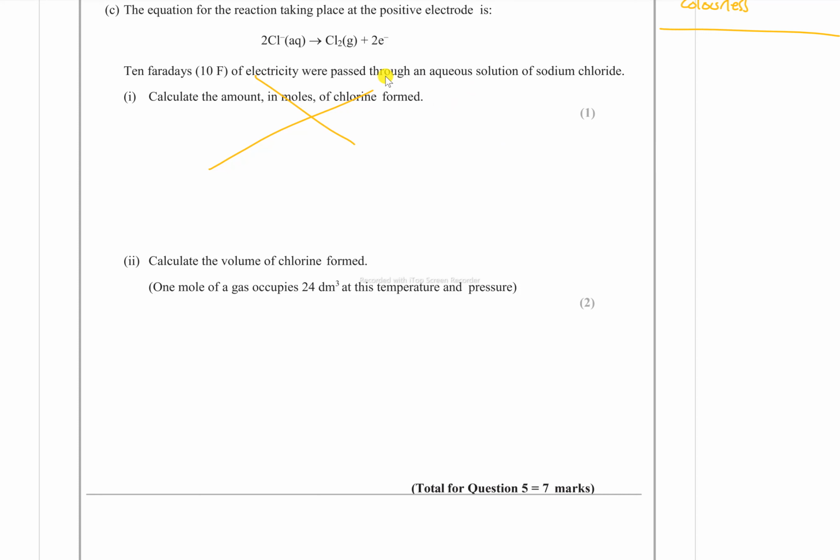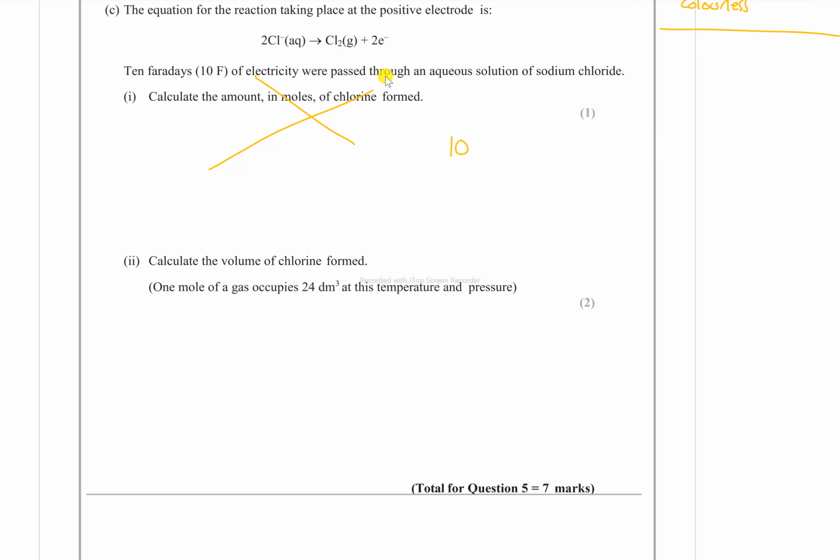Okay, let me just quickly do it. So it's 10 Faradays divided by 2 because it's diatomic, equals 5 moles of chlorine. Let me say that again. I'm such a liar. I need to stop lying.